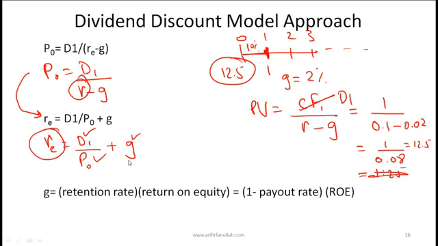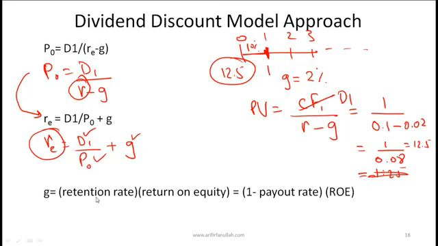Now, how do you find the growth rate? The approximate formula for growth rate is the retention rate multiplied by return on equity. Retention rate is the percentage of earnings that are retained. So let's say that a given company retains 60% of its earnings. So the retention rate would be 0.6 multiplied by return on equity.